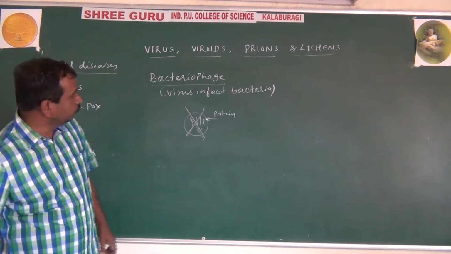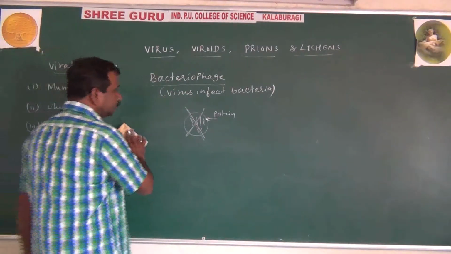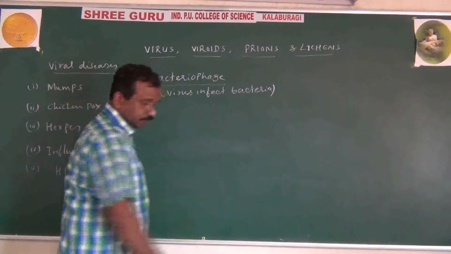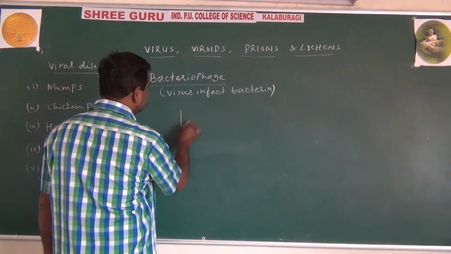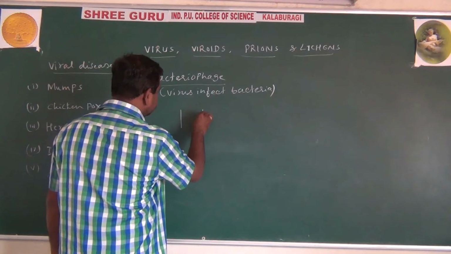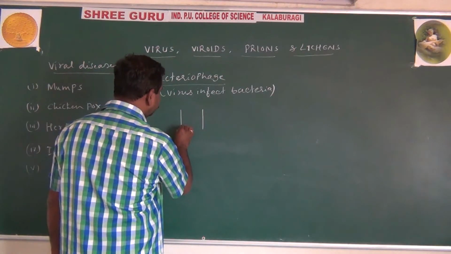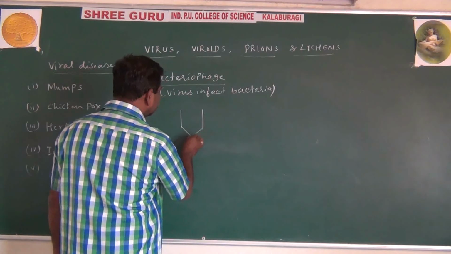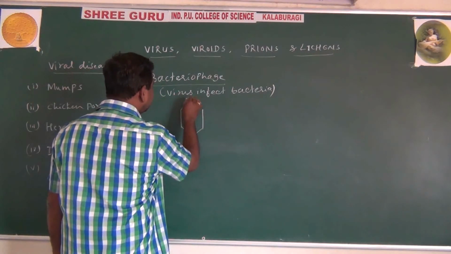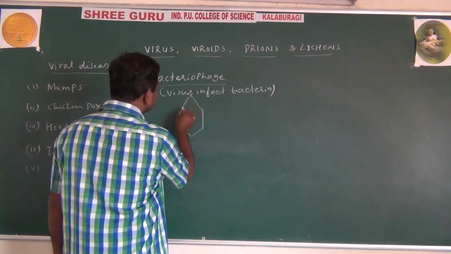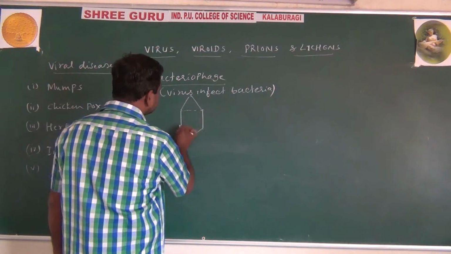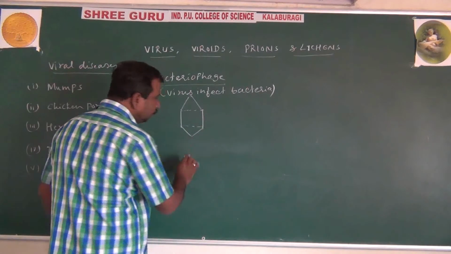So in this way we have studied viral diseases and the bacteriophage, and you can see the diagrammatic part. This is the bacteriophage. The structure, you can observe, is exactly a 20-sided structure. A simple diagram I am drawing.